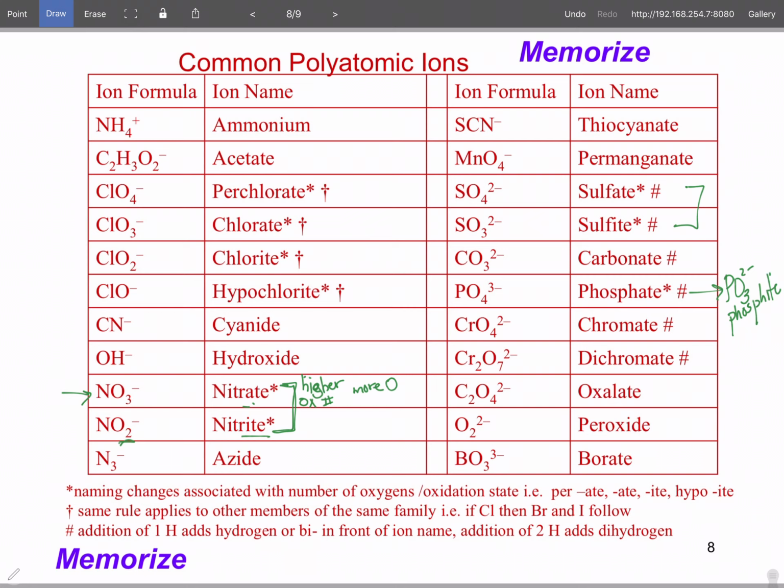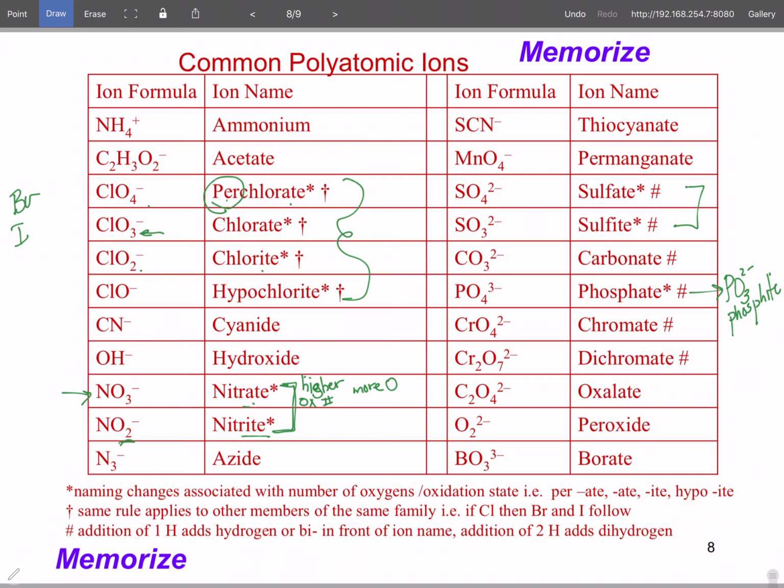The main group are the halogens right here. And you can do this with bromine and iodine as well. Can't do it with fluorine. But you start with the ATE is 3. Per means one more, so per-ATE is 4. ITE is 2.